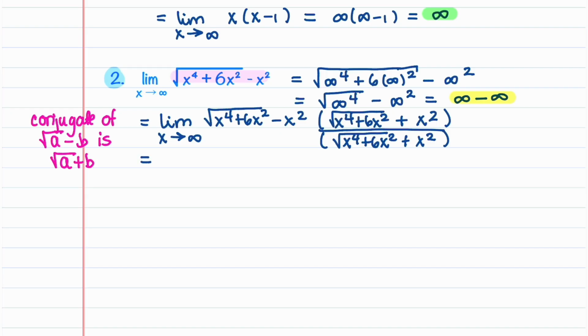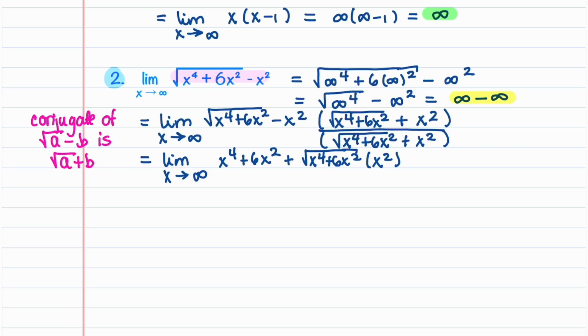Now let's go ahead and multiply things out. Just to make it easier, I'm going to use the FOIL method. We're going to multiply the first terms. That's both of the square roots, and they multiply out to be x to the fourth plus 6x squared. Now we're going to multiply the outer terms. That is the square root of x to the fourth plus 6x squared times x squared.